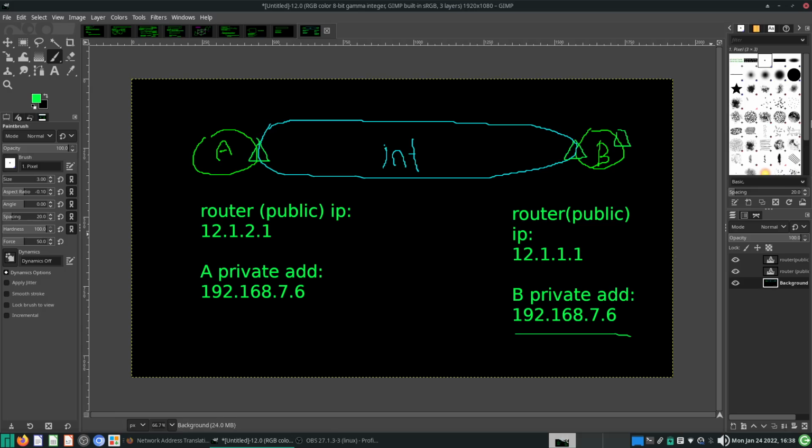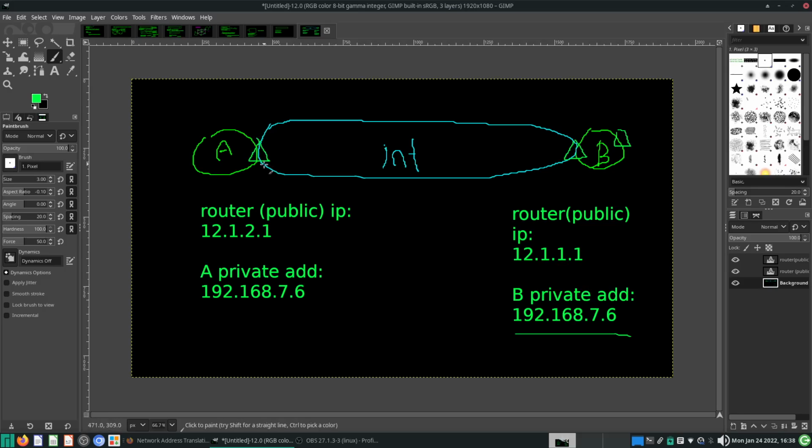Previously, we started by crafting an IP datagram with the source address of A's private address and the destination of router B's public IP address, which is 12.1.1.1. So it starts from here to here.